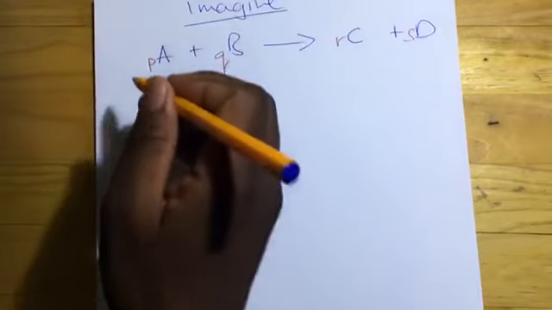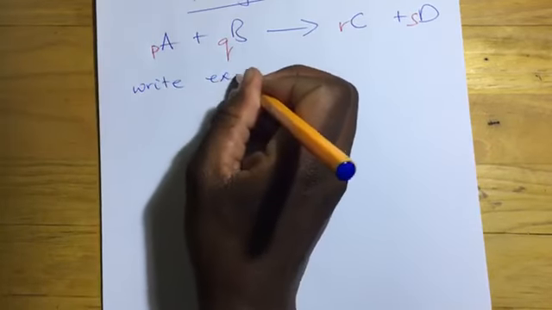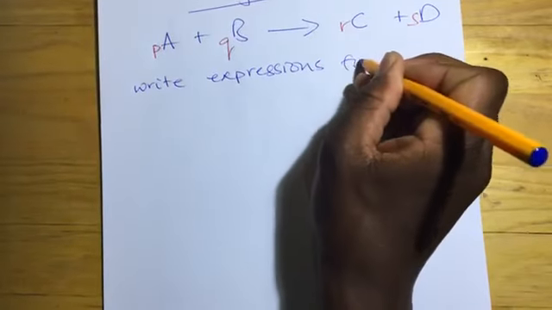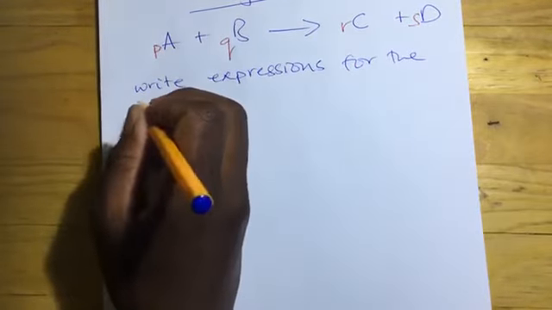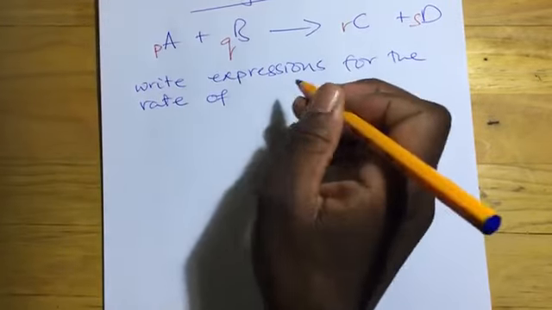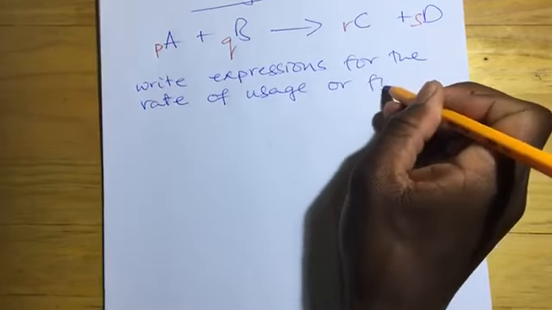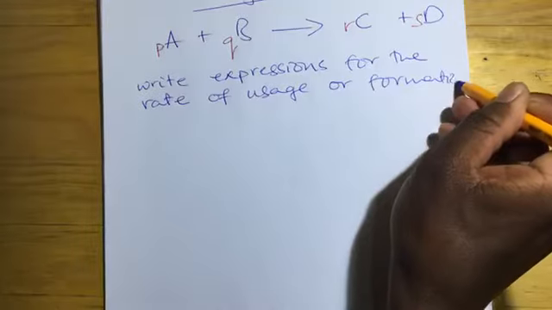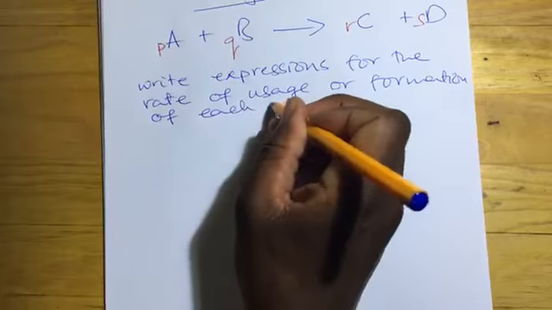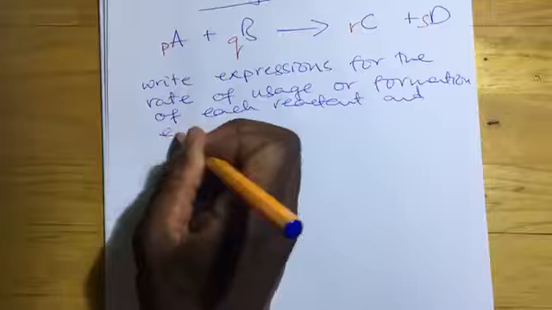Then a question might state to write expressions for the rate of usage or formation of each reactant and each product.